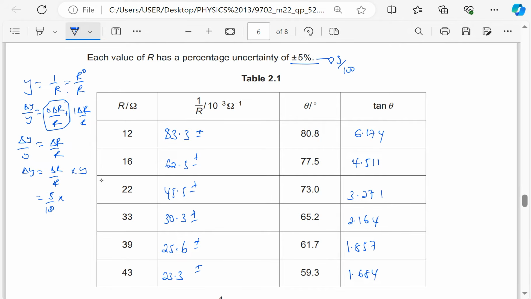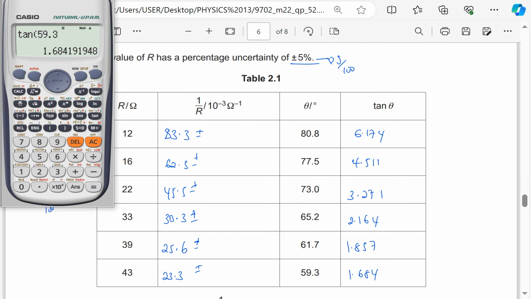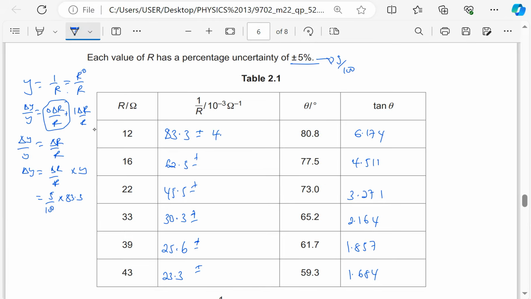For this particular question, 1 over r is 83.3. So I have 5 divided by 100 times 83.3. Of course, the power of 10 remains the same. So that is going to be 4.2.